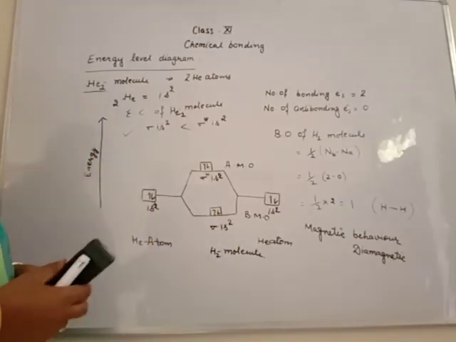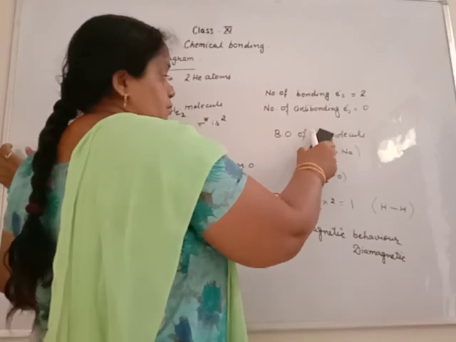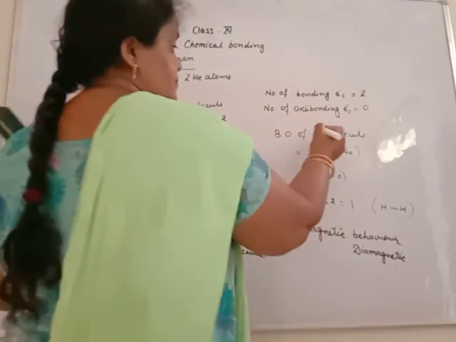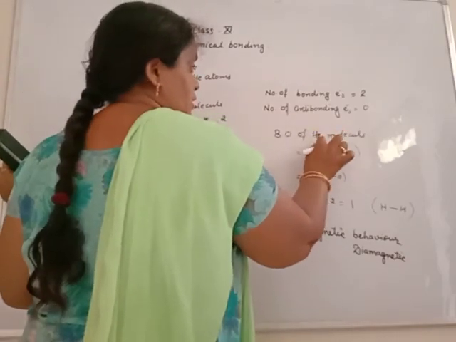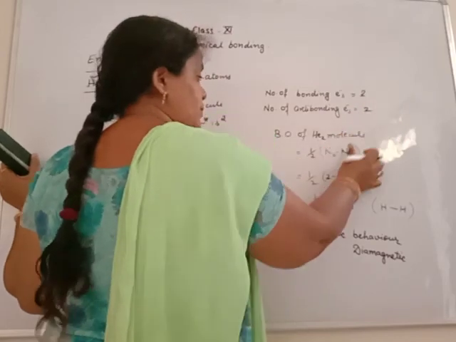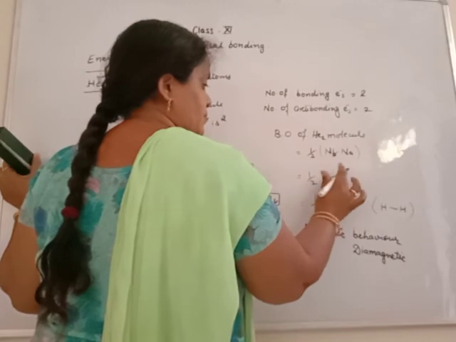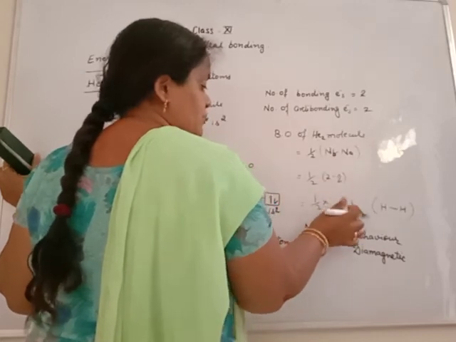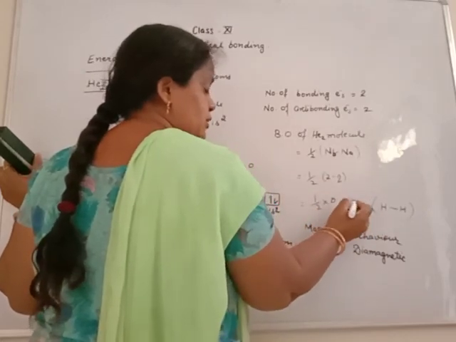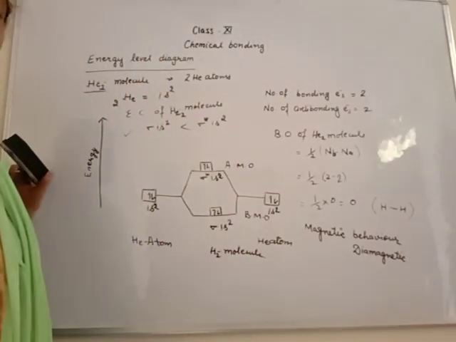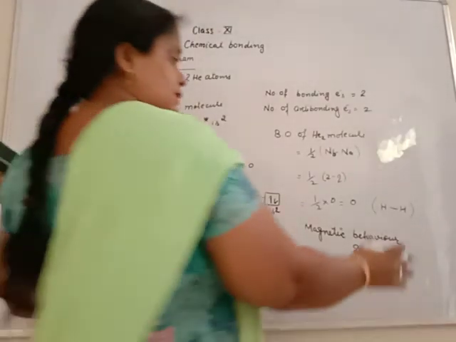Now, bond order. Calculate the bond order for the helium molecule. Bonding electrons are 2, anti-bonding electrons are 2. 2 minus 2 is 0. Whole is 0. If there is no bond between two atoms, that molecule does not exist.